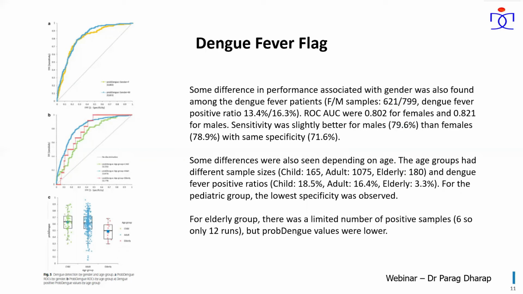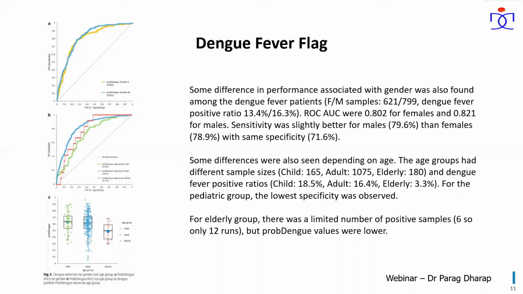Similarly, there were differences in performance depending on age, which is represented by the middle ROC AUC curve. For the pediatric group, the lowest specificity was seen.